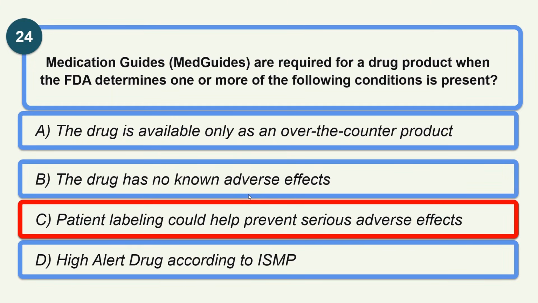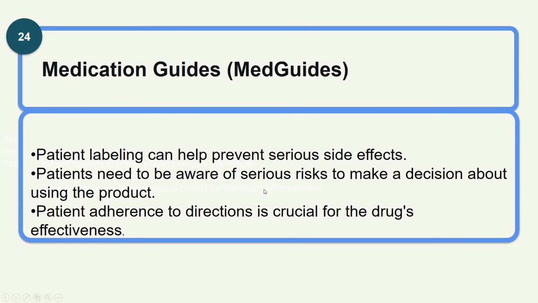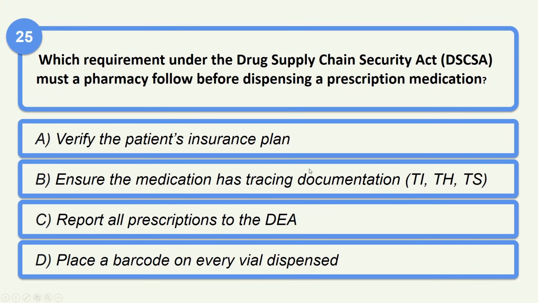The correct answer is C. Med guides are patient labeling that could help prevent serious adverse effects of the drug. Also, with medication guides, patients need to be aware of serious risks to make decisions about using the product, and the guide helps patients adhere to directions, which is crucial for drug effectiveness.